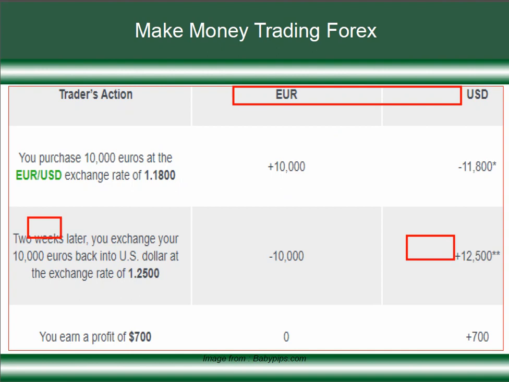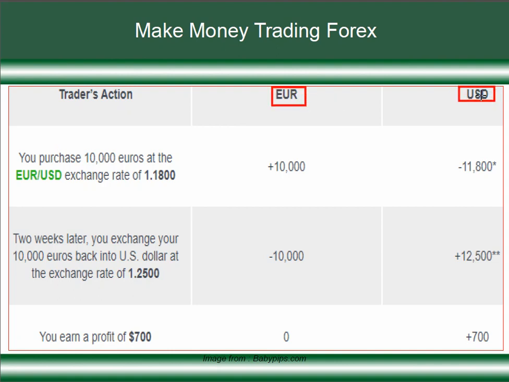So let's look at an example of how you make money trading Forex. Look at this example. We have a scenario where we are dealing with two currencies: the Euro and USD. So our pair is Euro USD. That is the pair we are working with for this illustration.